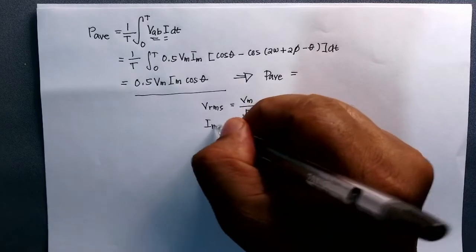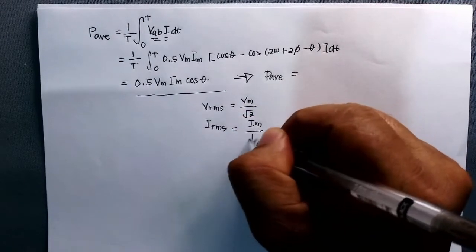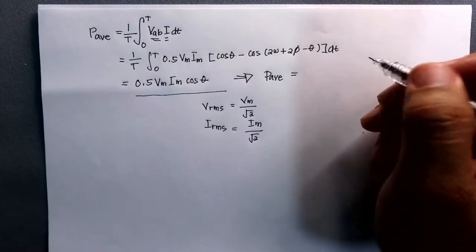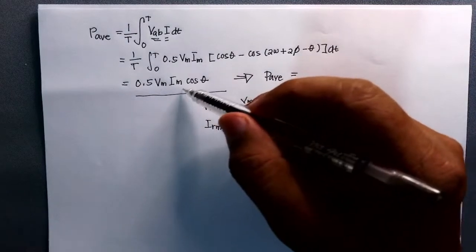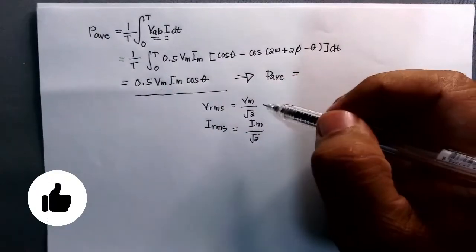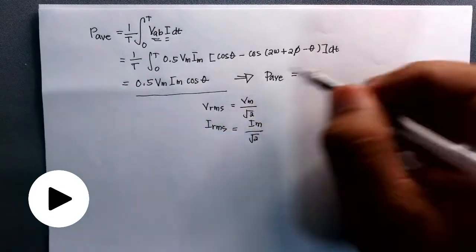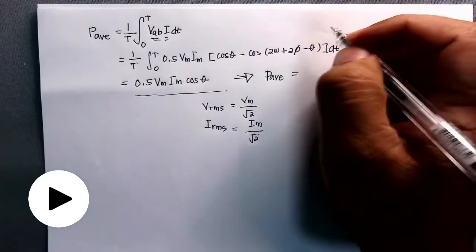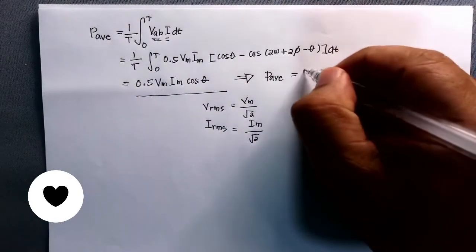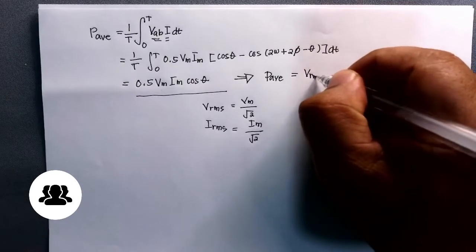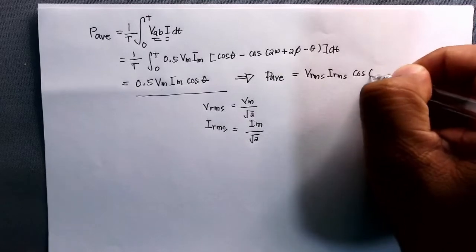For your I RMS, you have the maximum value of your current over square root of 2. So with square root of 2 as the denominator in each, that will be 1/2. And 0.5 Vm and Im can be represented as V RMS times I RMS cosine theta.